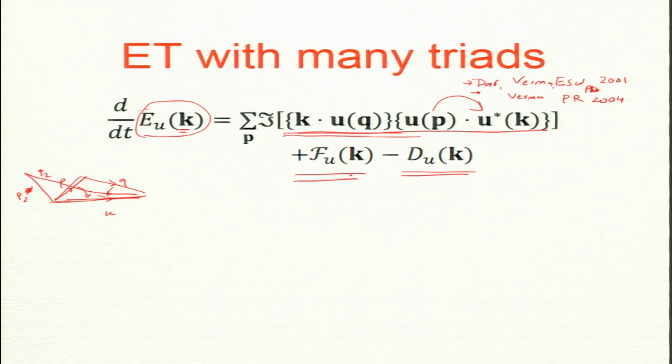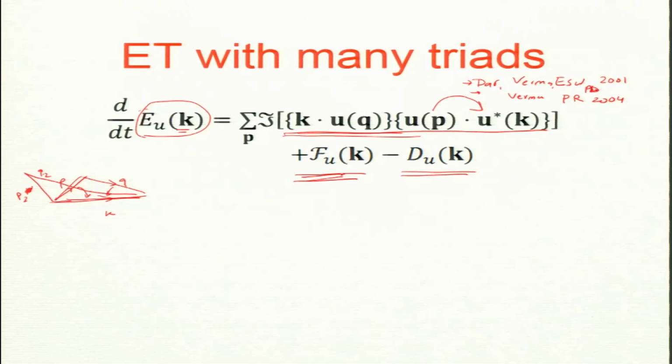External force can feed energy, for example we saw how convection can feed energy, and temperature feeds energy through buoyancy. So, this F_u is energy coming into kinetic energy from the external force. If you recall, this was the real part of F_u(k) dot u(k) star.